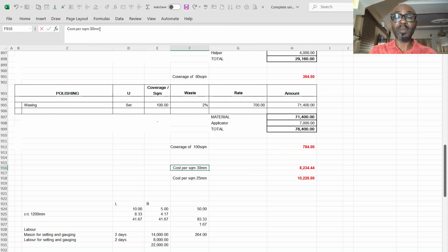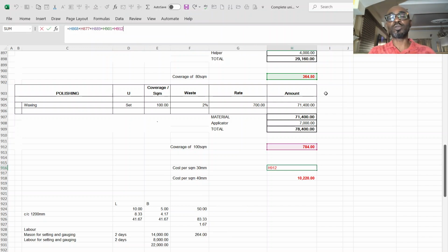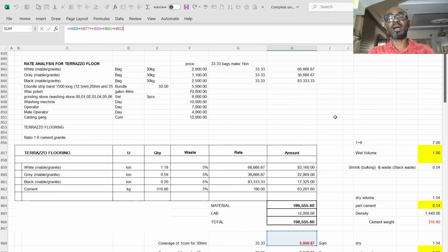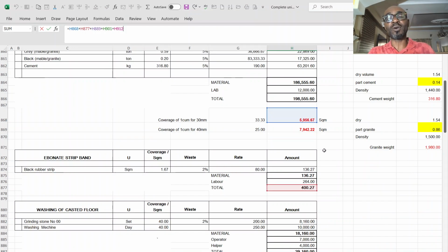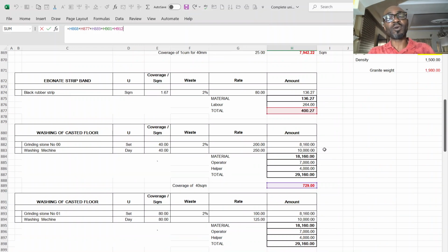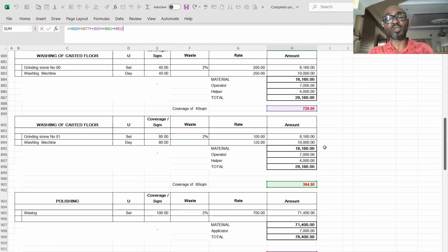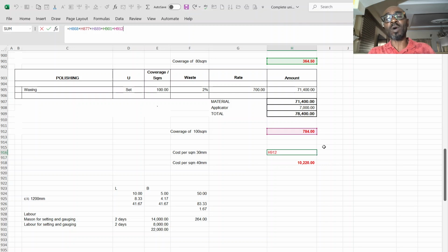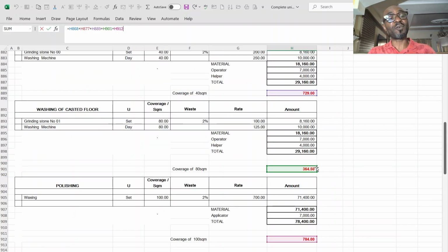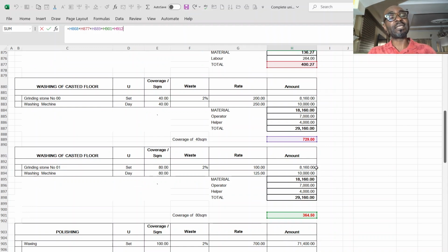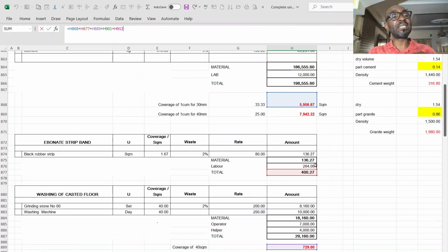Then now for the price for a 30 mm and the price for a 40 mm, you sum up the price for the concrete, the price for the ebonite, the price for the first washing, the second washing, and the waxing. The only thing that differs in all of this is the initial costing, because the concrete thickness differs. The polishing and the washing are the same, ebonite is the same.